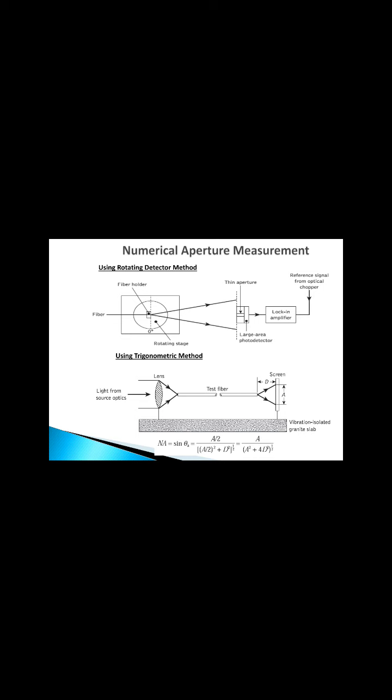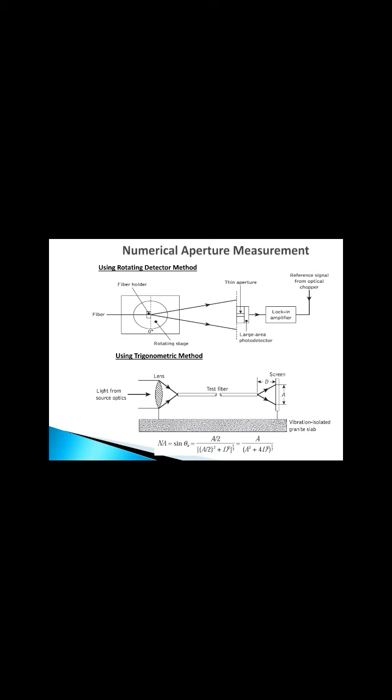In the rotating detector method, we'll have a table. We'll fix the test fiber on the table. It is placed in such a condition that it should be perpendicular to the axis of 0 degree. You can note the dotted line, it is perpendicularly placed, longitudinal and latitudinal.